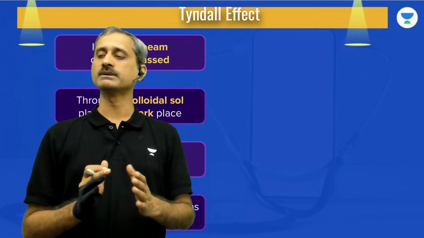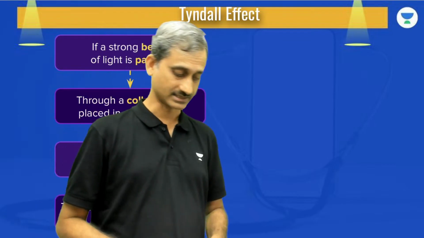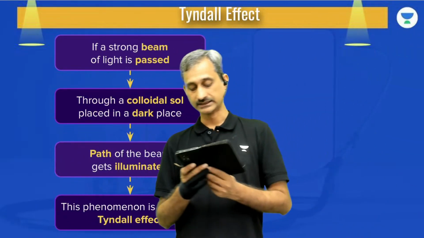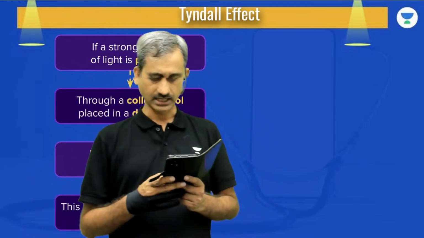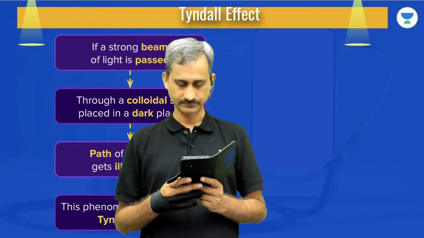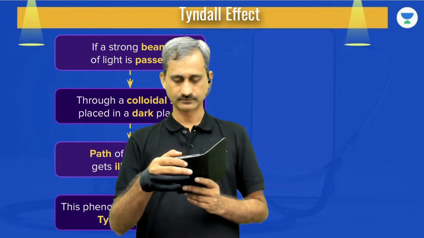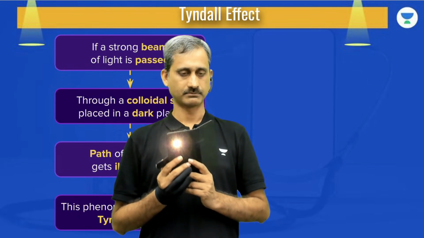The Tyndall effect is when a strong beam of light is passed through a colloidal sol placed in a dark place. Now, here I can show you the Tyndall effect in colloids. Hopefully the light is not too bright and you will be able to see it.